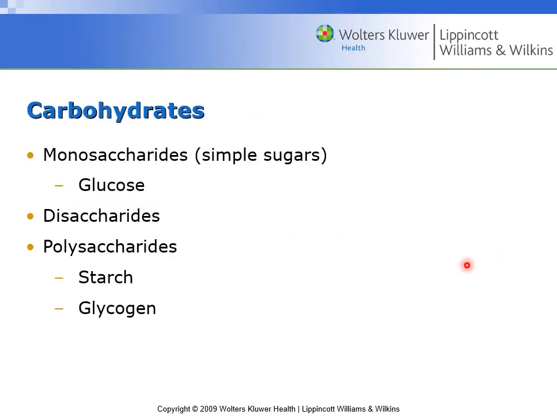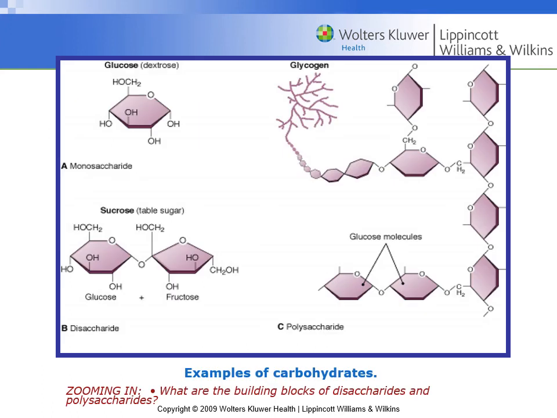Let's go forward. Carbohydrates usually consist of monosaccharides, or the simple sugars, right? An example is glucose. You also have the disaccharides and the polysaccharides. Polysaccharides are the long chain ones, namely starch and glycogen. So these are examples, diagrammatically, of how they look.